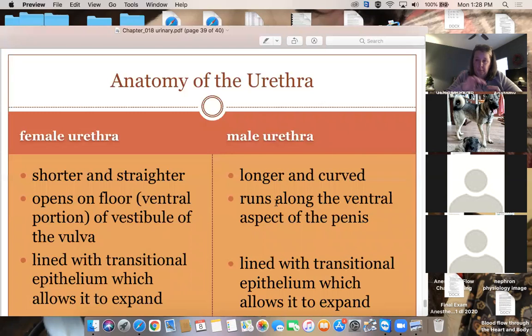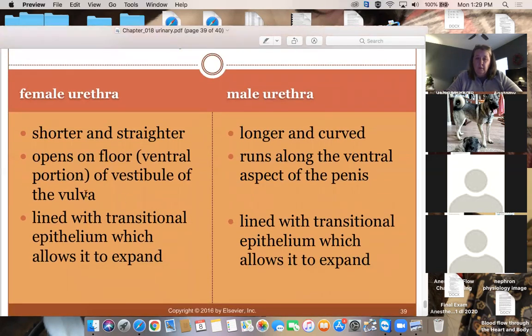So if we extrude a male dog and push out the penis, we see the opening. You can pass the urinary catheter pretty easily. Now, there is transitional epithelia inside each of these urethras, which allow them to expand and contract. So if they have a lot of urine or a little bit of urine, they can accommodate that flow because they can stretch.